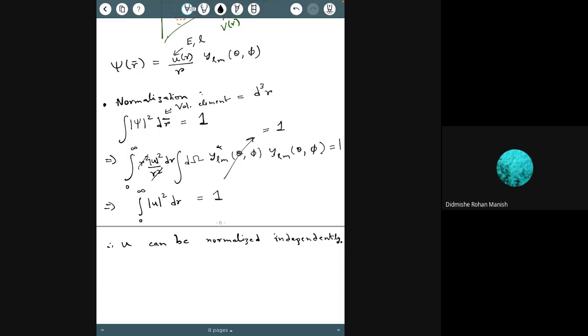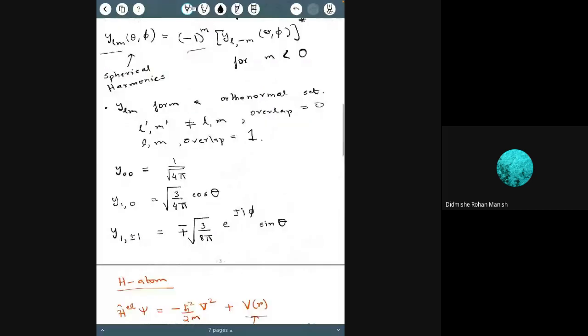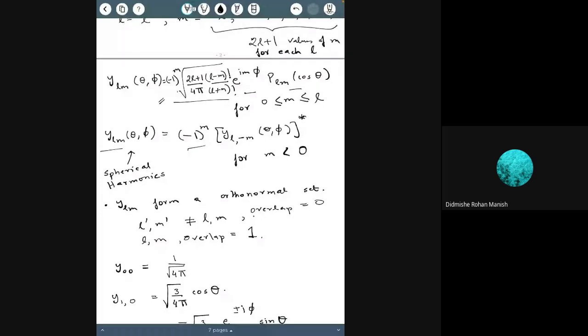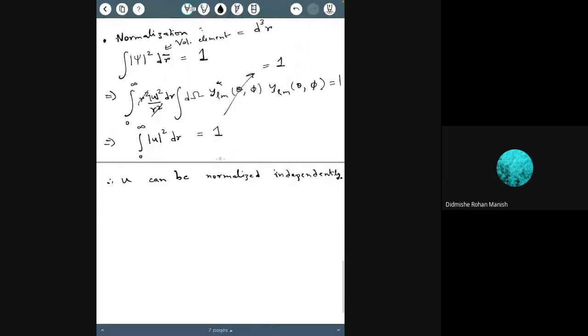But that is just the mathematical part, with nothing to do with the physical system. Then when I introduced this very complicated factor with the L plus m factorial and the L minus m factorial over here, this is the true normalization over the solid angle, or the angular space. Once that is done, the radial part can be independently normalized, and you get the final normalized wave function after that. Okay.